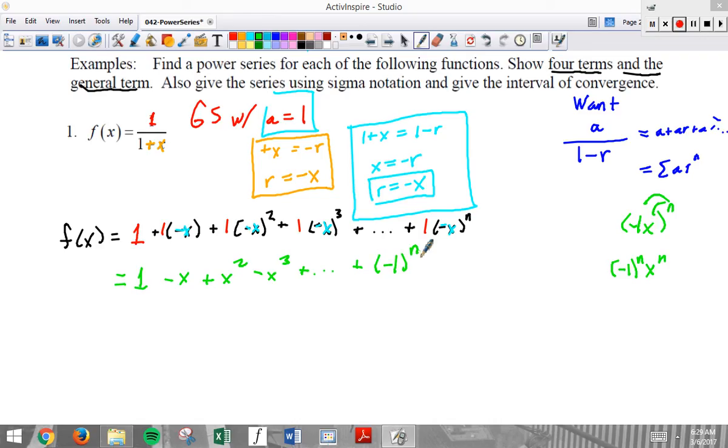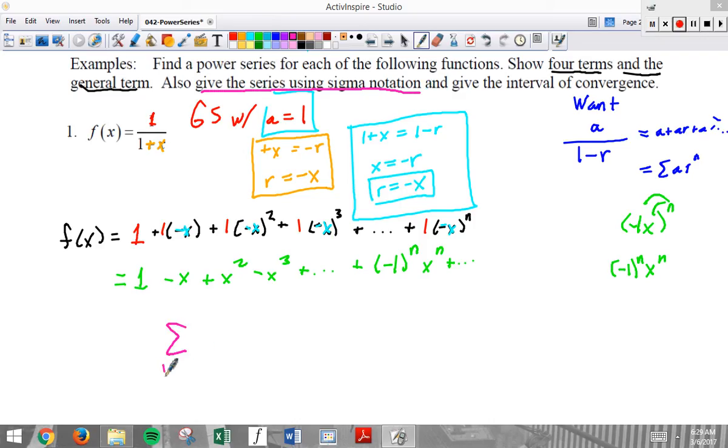This form's important because this is what we would call an alternator, and you'll see why those are so important. This makes it an alternating series. It alternates from positive to negative to positive to negative. And since I wrote out the general term, as soon as you realize the pattern for the general term, you can also give the series using sigma notation.